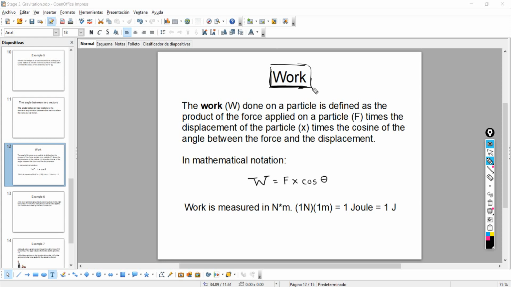So far for you, this may be something very weird. The formula makes no sense. Why are we multiplying the force applied on a particle times its displacement times this little thing, which is the cosine of the angle between the force and the displacement? It makes no sense at this point, and I understand you. Don't worry, you will understand what this means in the next class.